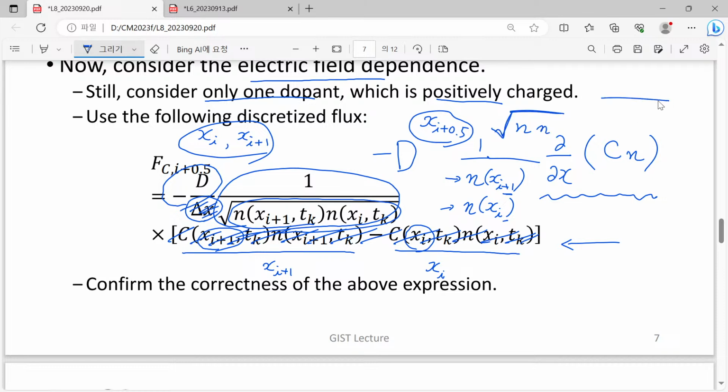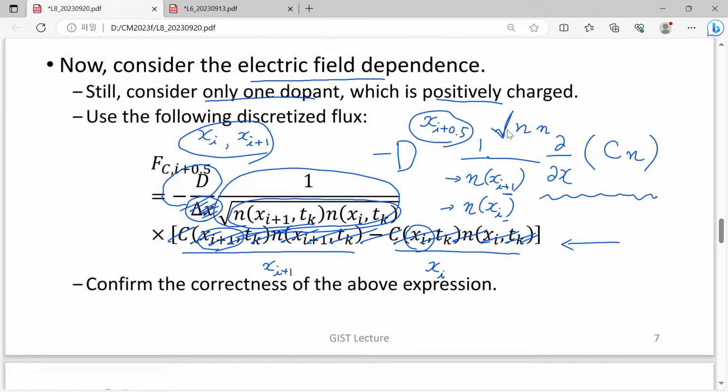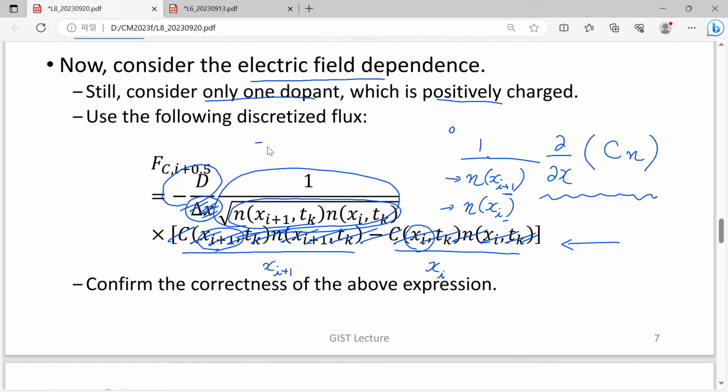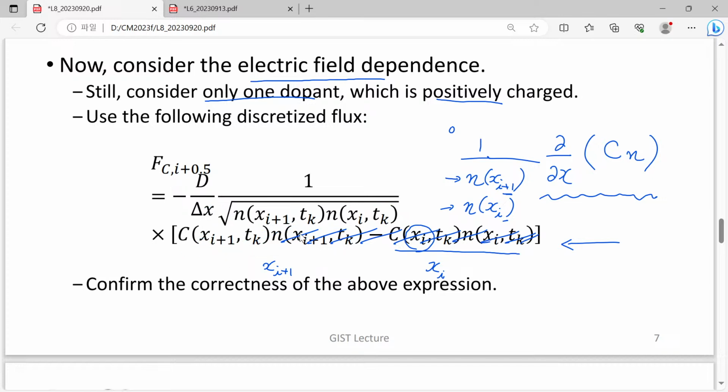Of course, another way is to use an arithmetic average, but I think that is not as good compared with this exponential approximation. Okay, so are you with me? After this somewhat long discussion, you can now understand this is a correct discretization of our flux term.